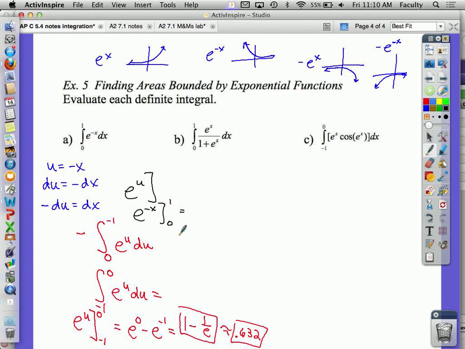So that's your e to the negative 1. You have to put a negative in front of it? Yeah, sorry. And then you'd have minus 0, and do you see that in fact is the same answer? Oh, yeah. So that is the same.